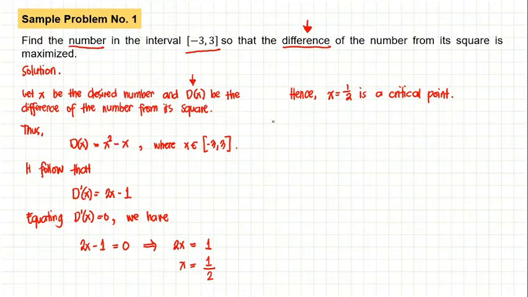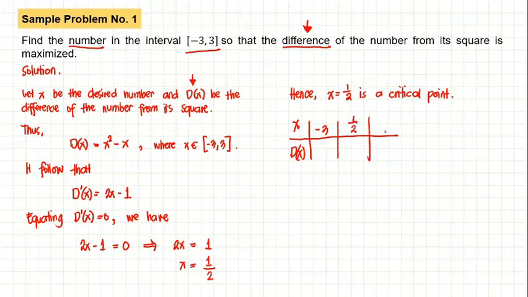Okay, so comparing the values, through table of values na lang siguro, we have x and f of x. So you will have now the endpoint negative 3, the critical point 1 half, and the other endpoint, which is 3.